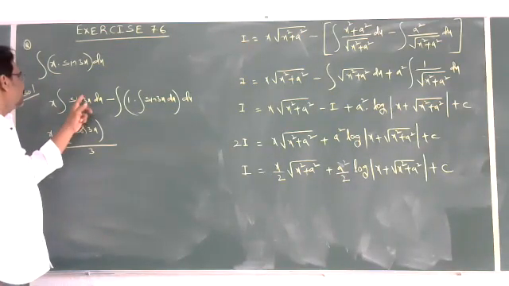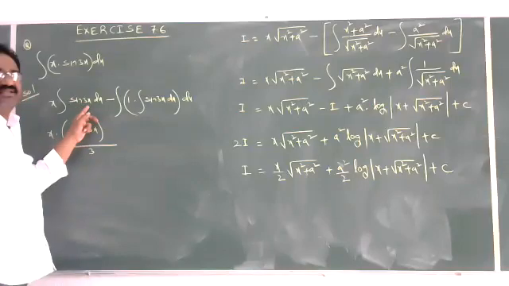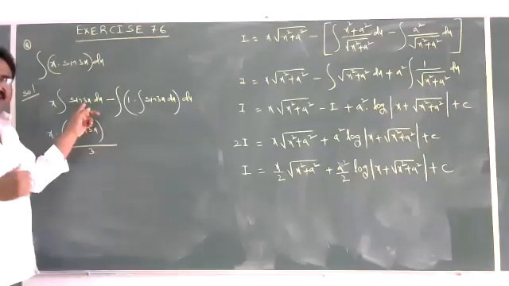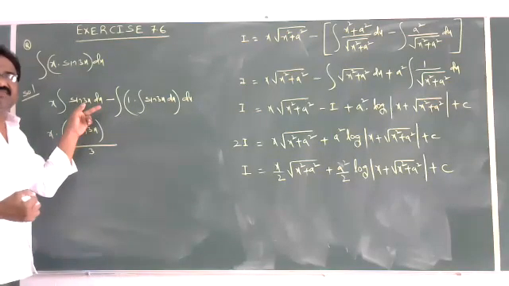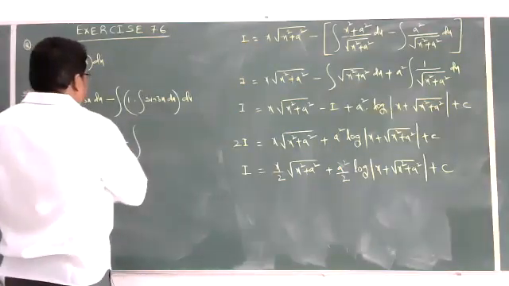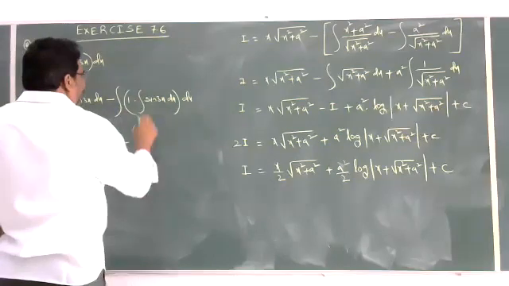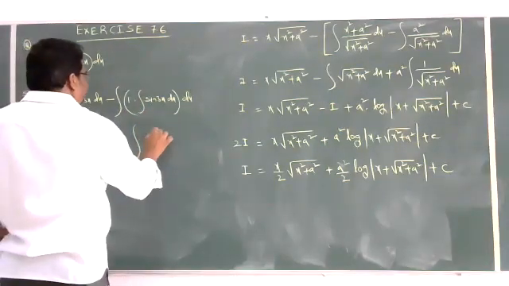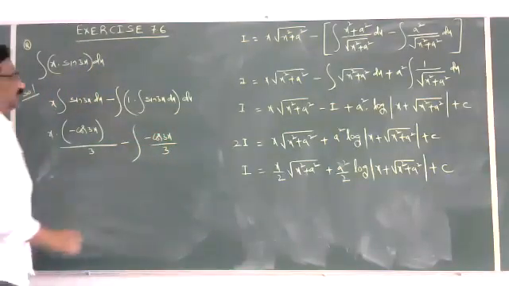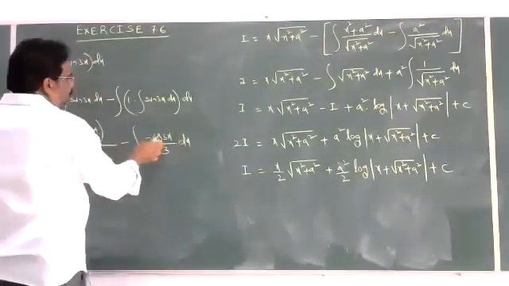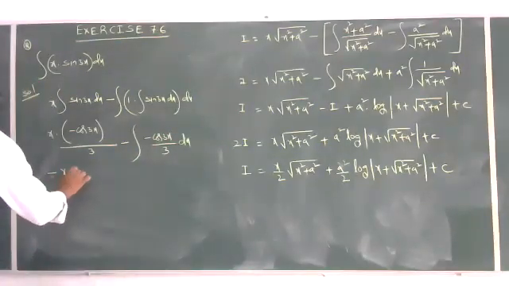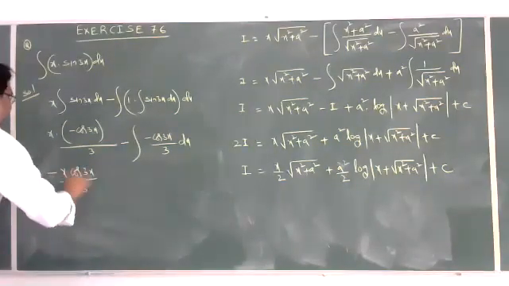So sin 3x, you treated 3x as x. Sin x integration is minus cos x. What is x here? 3x. That's why you divide by the derivative of 3x, that is 3. Minus integral, this is 1, integration of sin 3x is again minus cos 3x by 3 into dx. That is minus x cos 3x by 3.